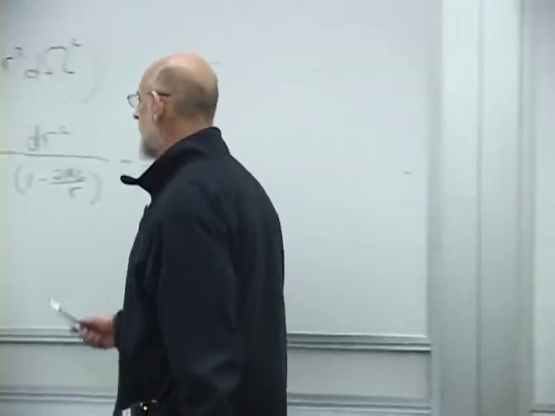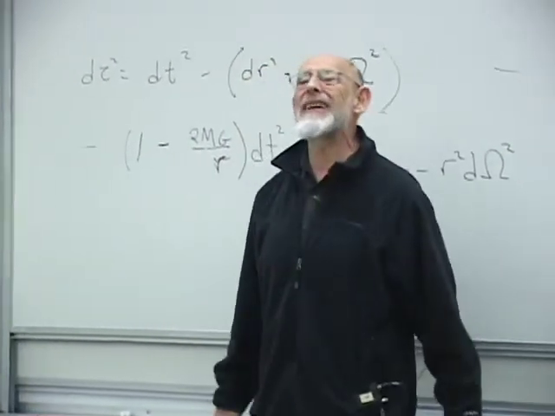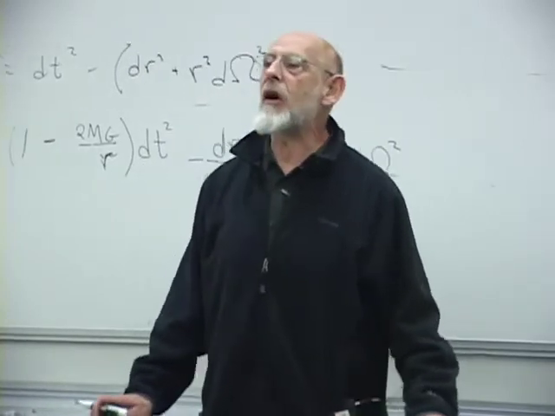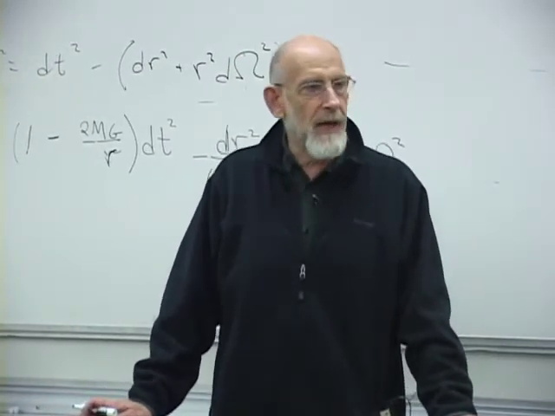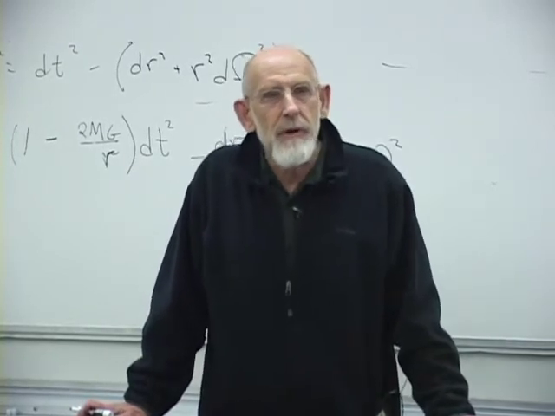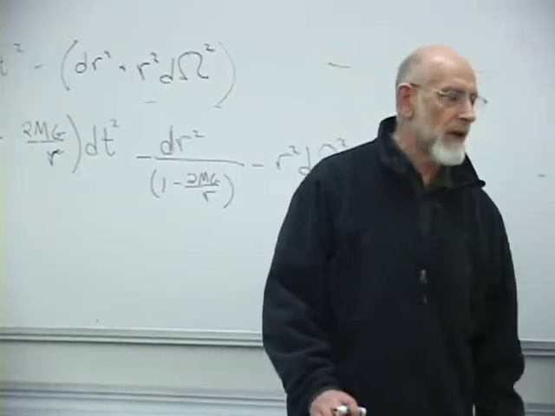So at r equals 0 some kind of singular behavior happens, and at r equals 2mg some other kind of singular behavior happens. They're extremely different. They have very little relationship to each other.